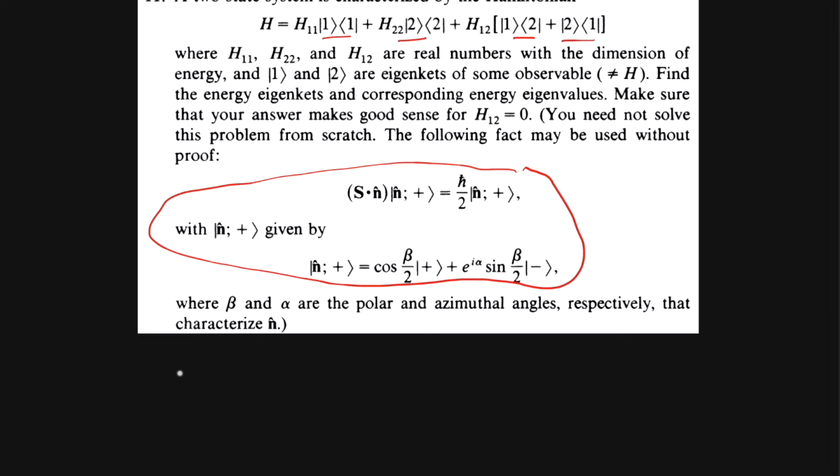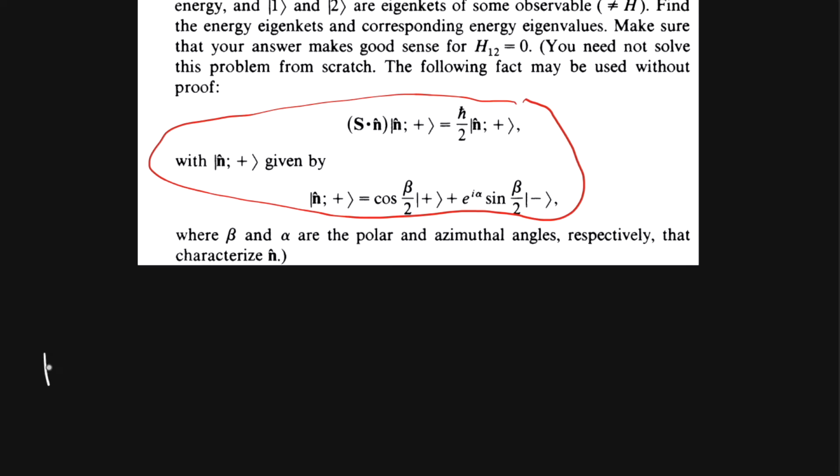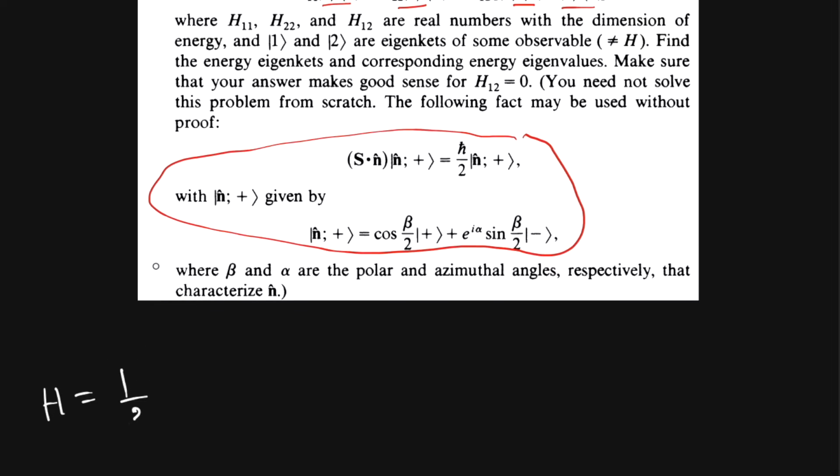Let us first rewrite this Hamiltonian operator.